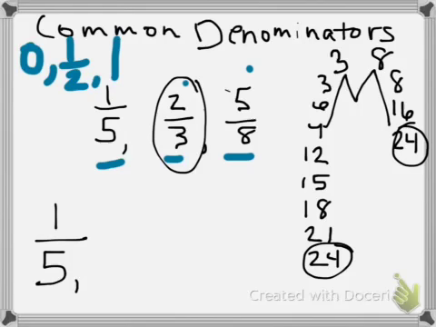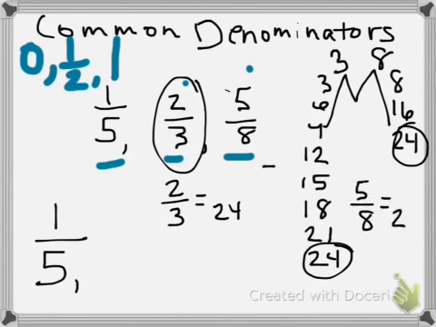So now I need to change my fractions so they have the denominator of 24. Trying to find some open space somewhere. Hopefully they're a little neater and they'll have more than I do. So they have to multiply both the numerator and denominator here by 8 to make sure it's an equivalent fraction.